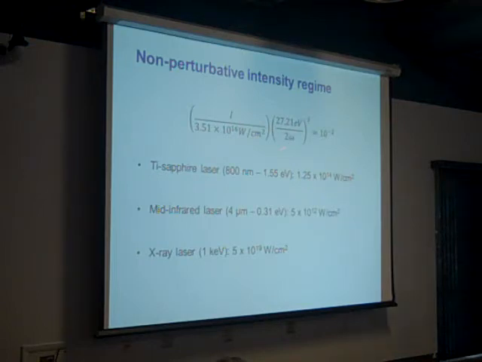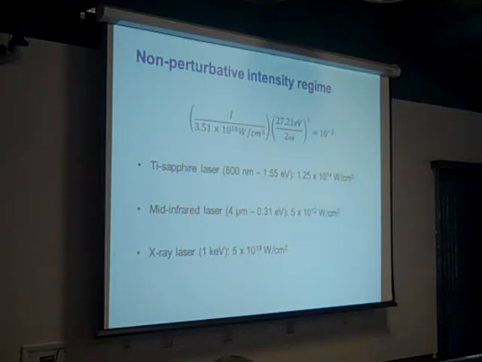So if you're driving your laser field at an intensity lower than 10 to the 14 watt per centimeter squared at 800 nanometers, then, at least as this formula tells you as a rough estimate, you can treat your light field perturbatively. It's a small perturbation as compared to the Coulomb interaction in an atom or a molecule.